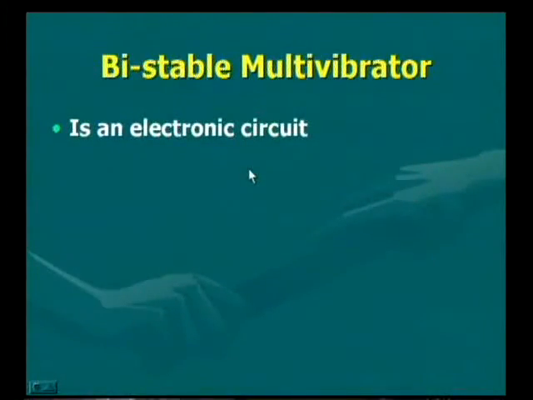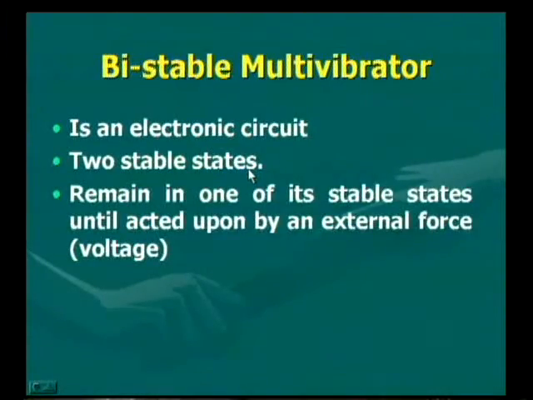Now we can see these multivibrators one after another. Let us start with the bistable multivibrator. A bistable multivibrator is an electronic circuit which has two stable states, and the circuit can remain in each of these stable states indefinitely.